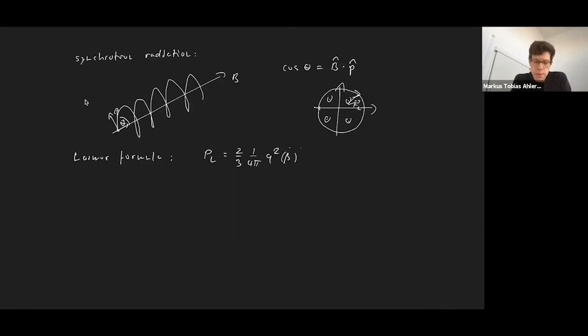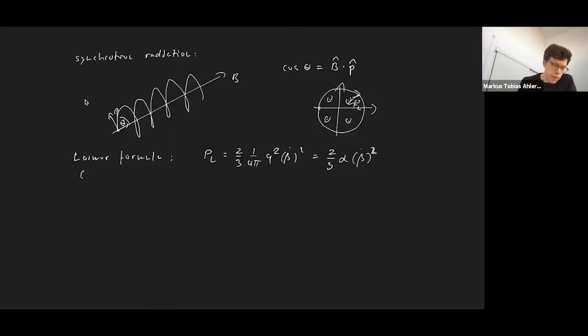If we are dealing here with electrons in the following, the charge of the particle will be identical to the electromagnetic charge. So you get here a combination e squared over 4 pi, and e squared over 4 pi is simply the definition of the fine structure constant alpha. So you can also rewrite this expression as 2/3 alpha times acceleration squared.